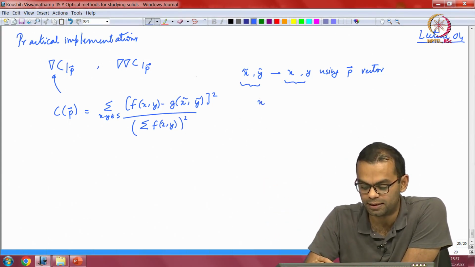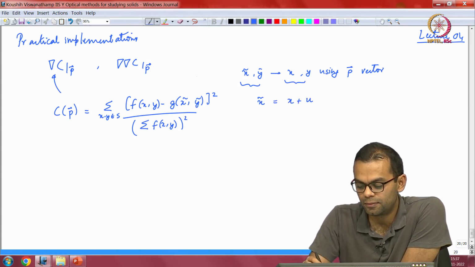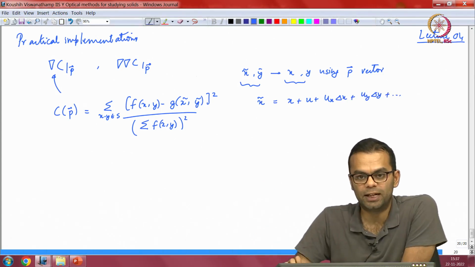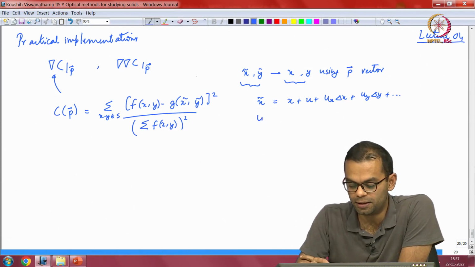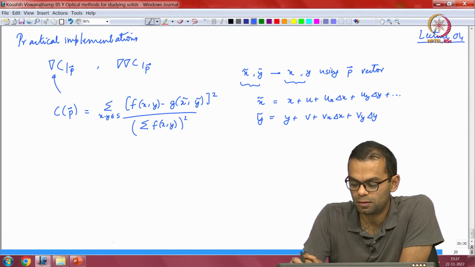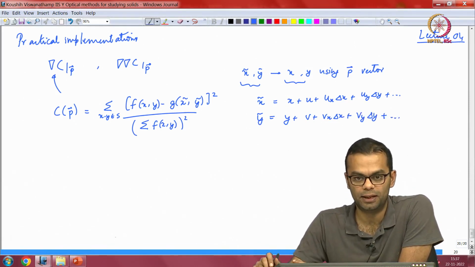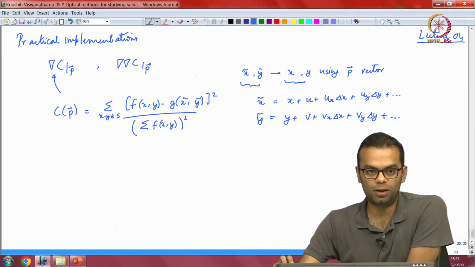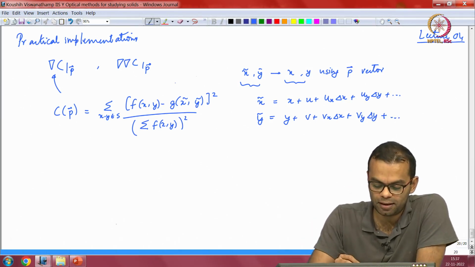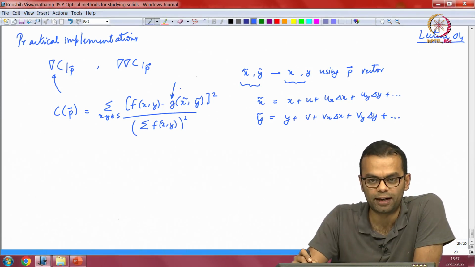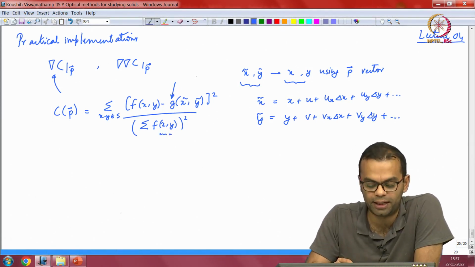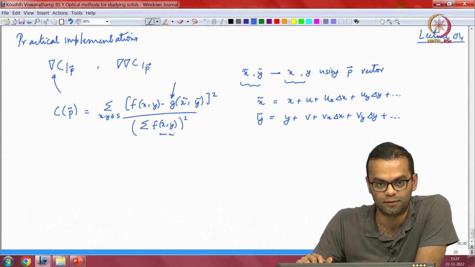We wrote down the Taylor series like this last time, right, and likewise for y tilde like so. Okay. So, all the gradient terms will only act on G and they will not act on F, because F has x and y that do not depend on P, they are in the undeformed configuration.